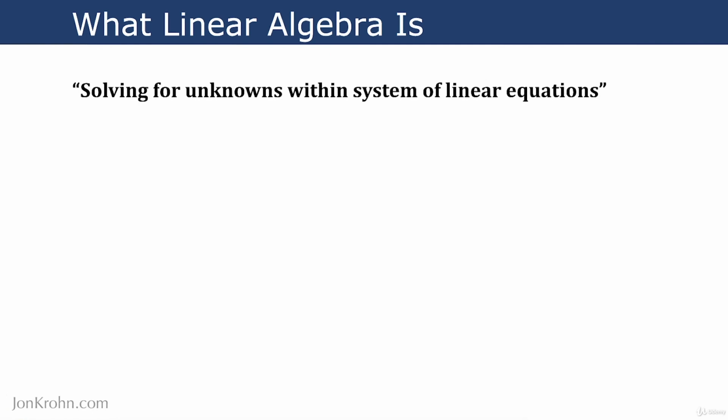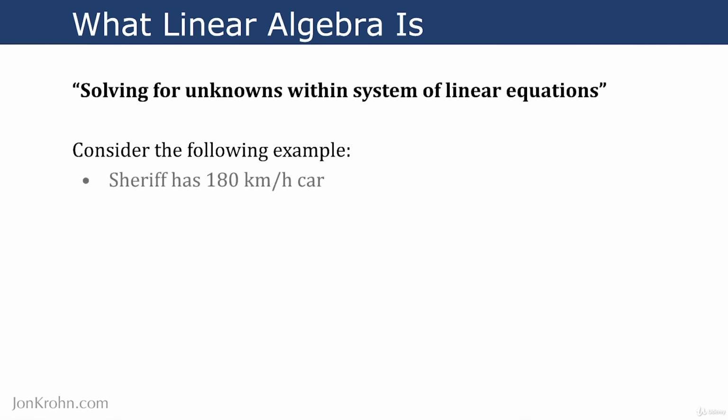To give you a really nice and tidy definition of what linear algebra is, we could say that it's solving for unknowns within a system of linear equations. So let's talk about that idea of a system of linear equations, multiple linear equations, where we're solving for unknowns like x across several equations simultaneously.